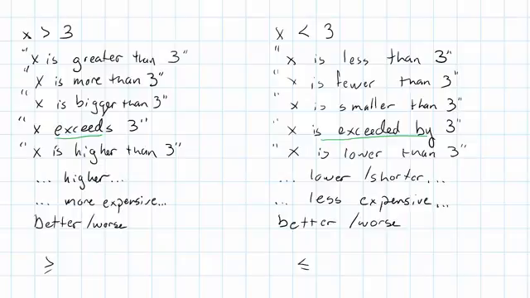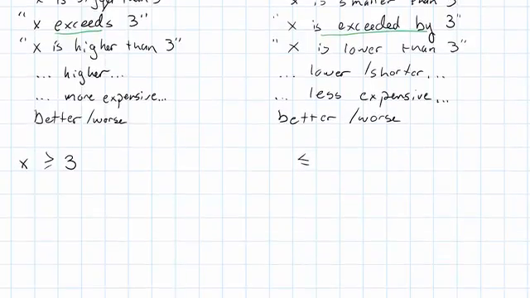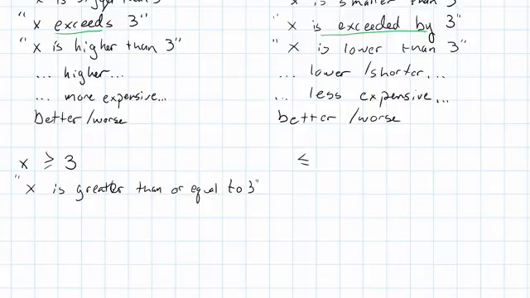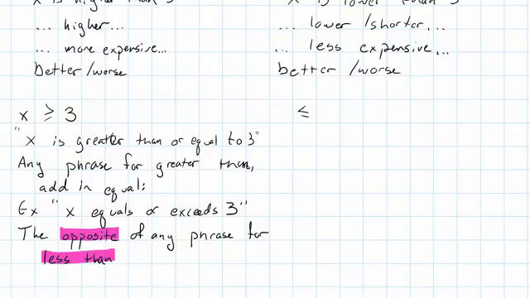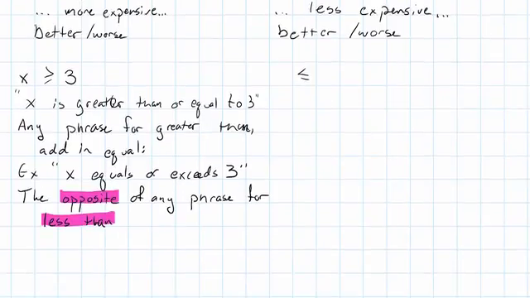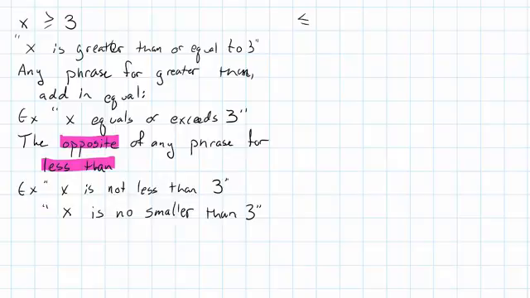If I wanted to describe x is greater than or equal to 3, of course, again, I could use just that sentence. And I could use any of the phrases for greater than with the addition of equal to. So for example, I might say x equals or exceeds 3. The opposite of any phrase for less than. So for example, we could say x is not less than 3, and x is no smaller than 3.